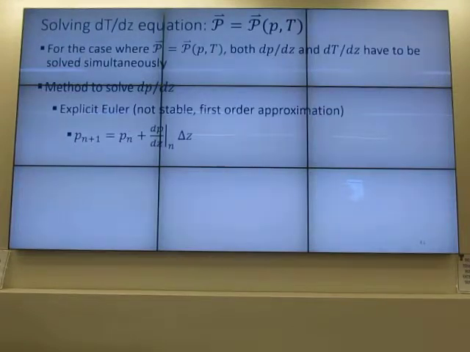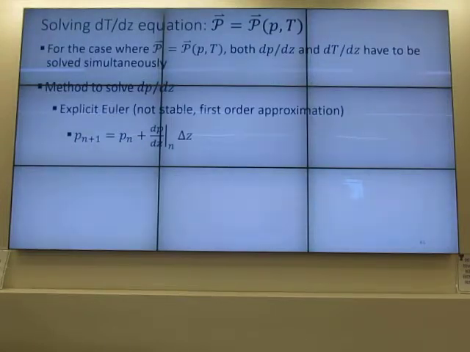That is the slope based on the fluid property at the current point. That is the pressure drop per unit length based on the fluid property at the current point. And then we get the pressure at the next point by the current point plus slope multiplied by delta Z. So that is the explicit Euler that you're doing.